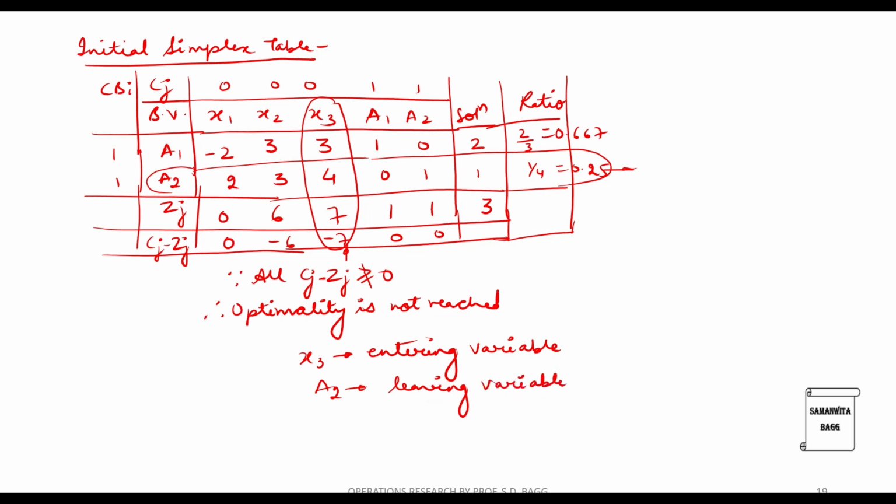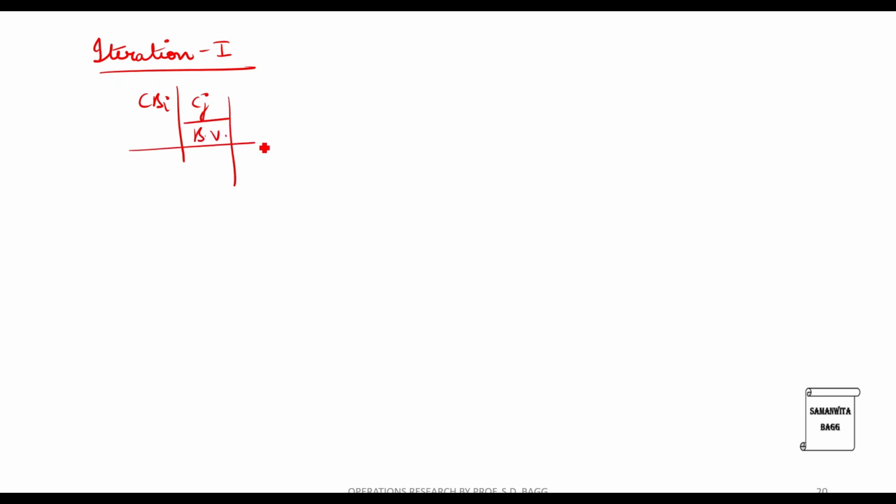We can now shift to iteration 1. So instead of a2, we will now have x3 as the value.